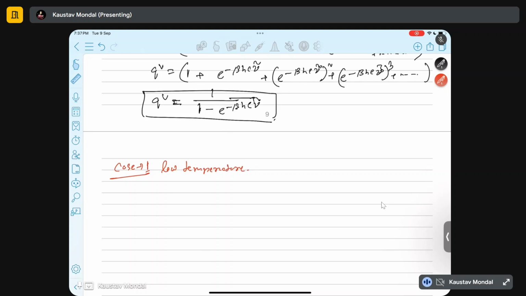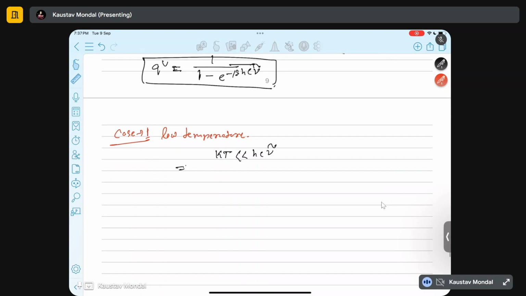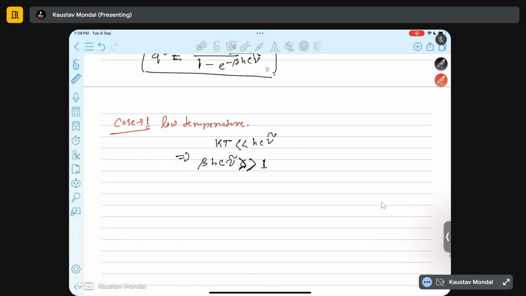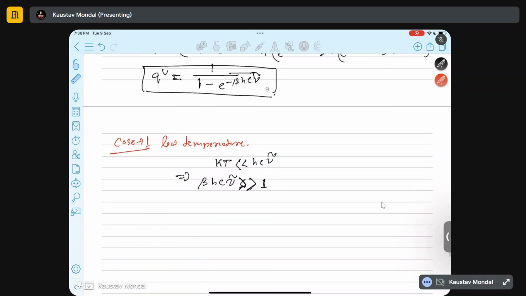For the low temperature case, KT would be less than HC nu tilde. That means beta HC nu tilde would be greater than or equal to 1, right? So if this is the case, then the QV expression we already know is 1 by 1 minus e to the power minus beta HC nu tilde.